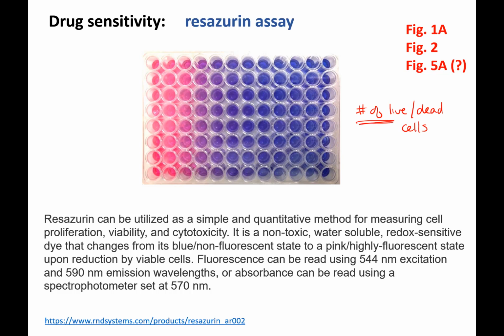So the more live cells you have, the less toxic something is. Okay, so pink is live or viable, purple is dead, right? And you can quantitate this color to give you, you can plot it and give you a value.